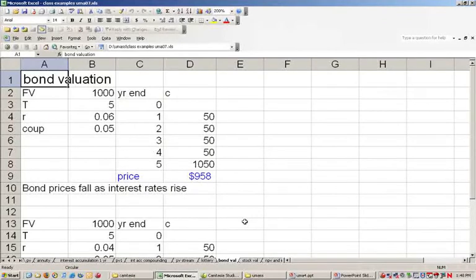Okay, we've scooted over to our Excel file again, and I've got a spreadsheet that I've labeled bond valuation. Here are the parameters in our example. The face value or future value of the bonds is $1,000. The term that's remaining on the bonds is 5 years.